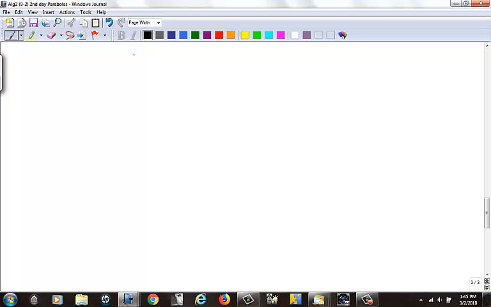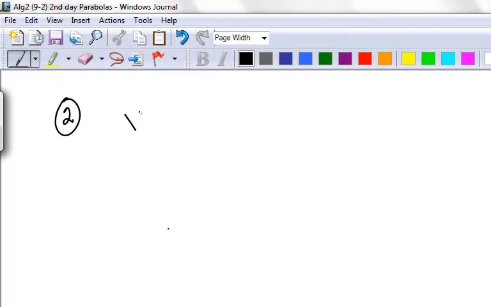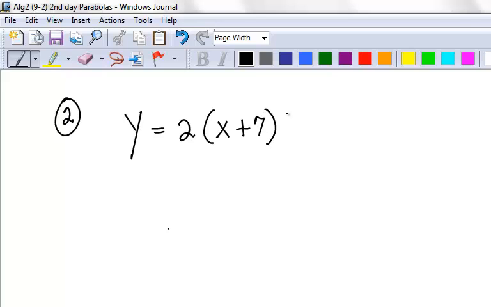This time we're going to do one that opens up or down. This time they give it to you in the standard form, y equals 2 times x plus 7, quantity squared, plus 3. So they already gave it to you in the right form.